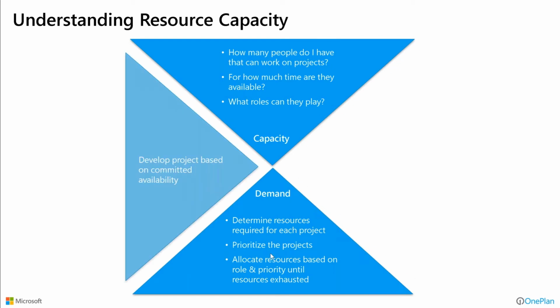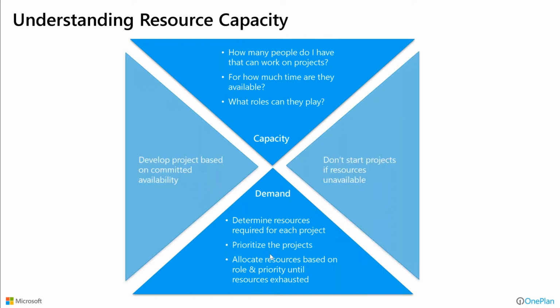So in very simple terms, what we're trying to do, and we're oversimplifying this because there's a lot of other variables and factors, but just to simplify, what we want to do is you have your demand, what is required for each project. You prioritize the projects, and you're allocating resources based on roles. And then what you're trying to do is make sure that you match that with the capacity.